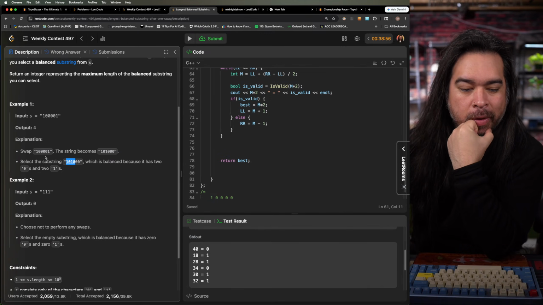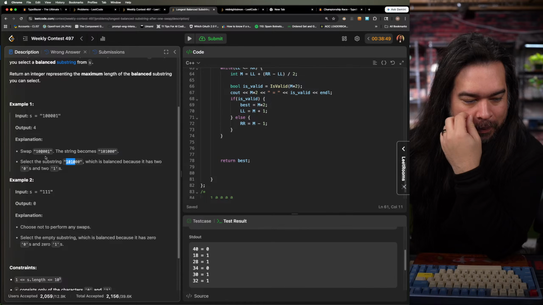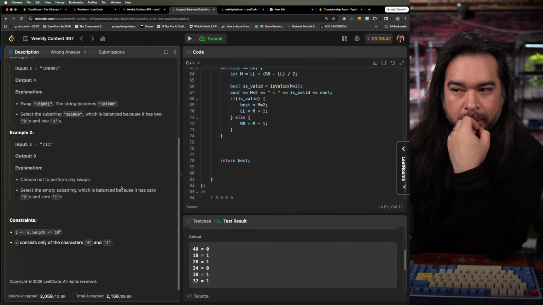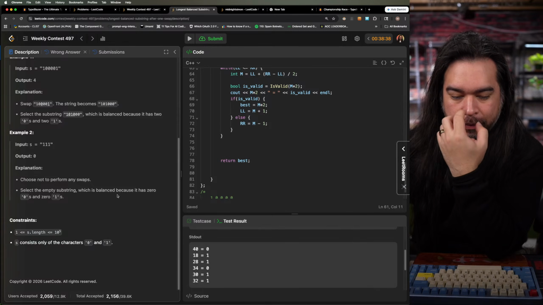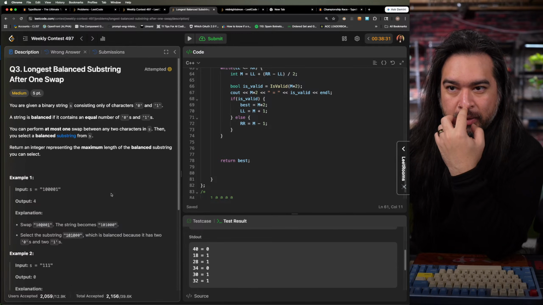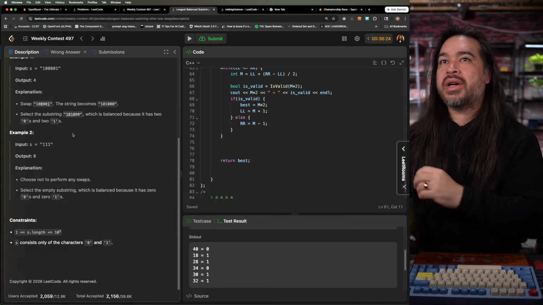Could make one swap. All right, let me think about prefix sums, perhaps.